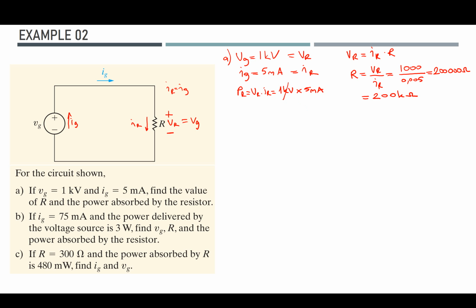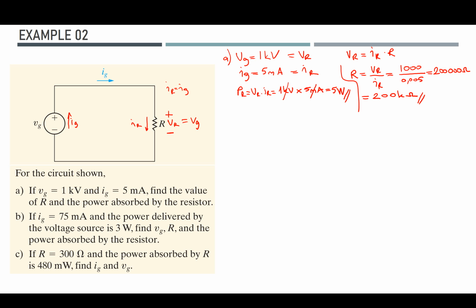Now this kilo and milli cancel each other, so I end up with 5 watts of dissipated power, and the resistor value is calculated as 200 kilo ohms.